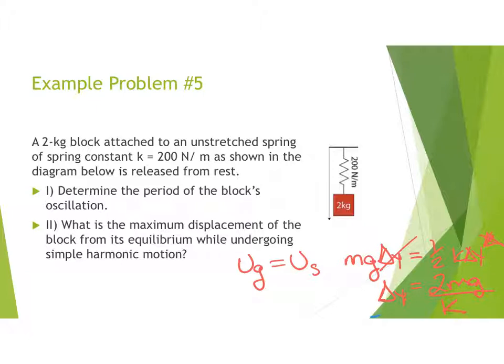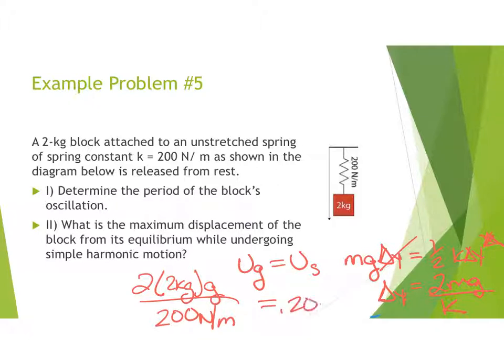All right, so I can solve for this pretty easily to get my change in y. I'm going to get 2 times the mass of 2 kilograms times my gravity all over my spring constant of 200 Newton per meter. And when I get this answer, I'm going to get 0.2 meters.